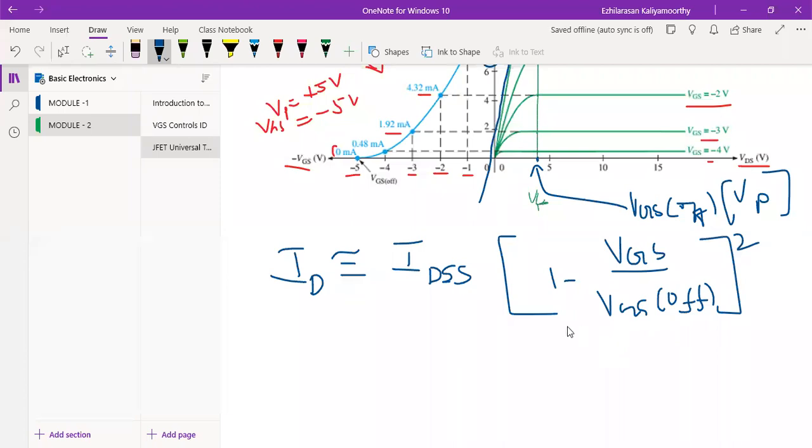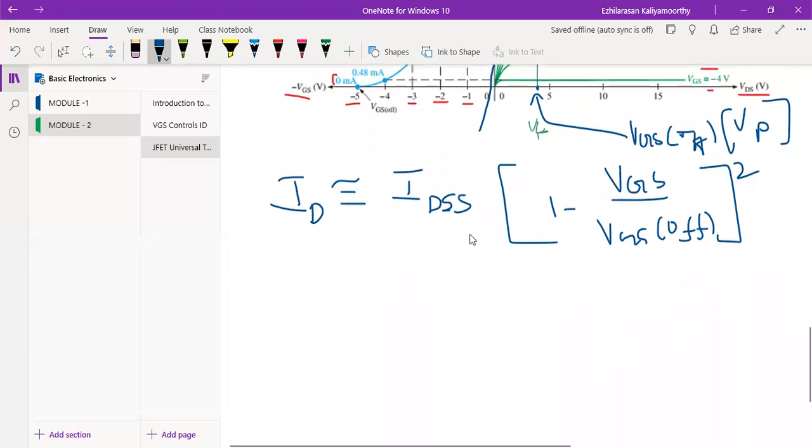It's a very important formula to solve your questions. Now let us do some analysis here.